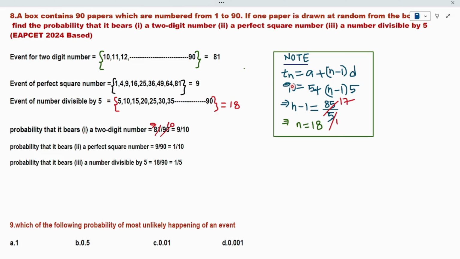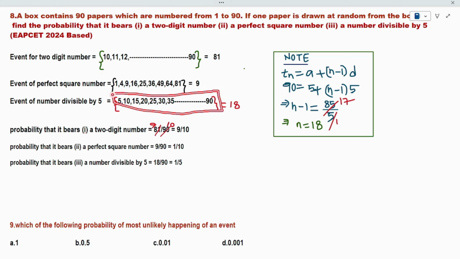Tn is nothing but the nth term. Tn equals a plus n minus 1 into d. Here a is the first term and d is the common difference. So here Tn, the nth term, which is 90, equals 5 plus n minus 1 into d. See here the common difference: 10 minus 5 is 5, 15 minus 10 is 5, 20 minus 15 is 5. So this is the common difference d.